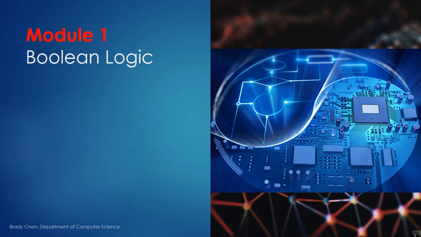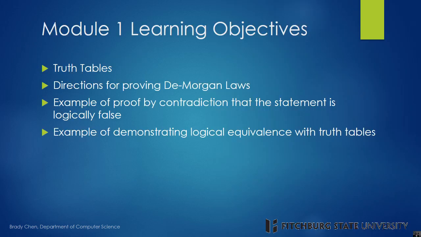We will organize the class into modules. Each module covers a specific area in math that will be used in computer science. The first module, module 1, is about Boolean algebra. Here is the learning objective for module 1.